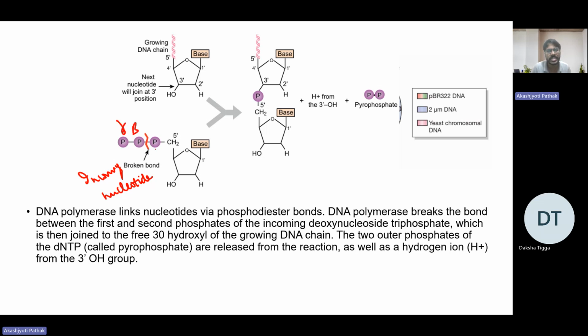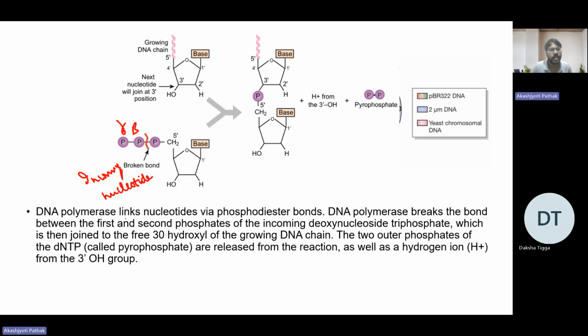Then the 5' CH2, which is attached to the phosphate group, is catalyzed, so the 3' OH group and the 5' phosphate group are joined together by the DNA polymerase. What you get is pyrophosphate, the gamma and beta phosphates, cleaved off, and you also get a proton from the OH group.